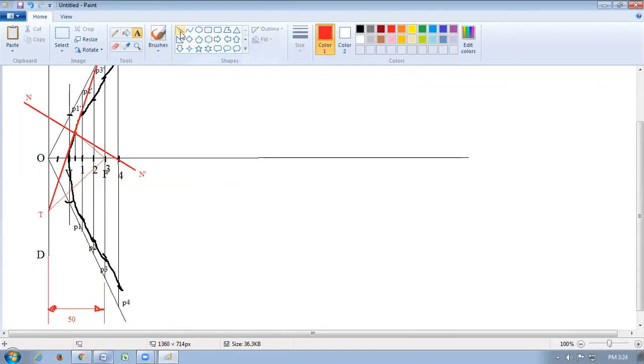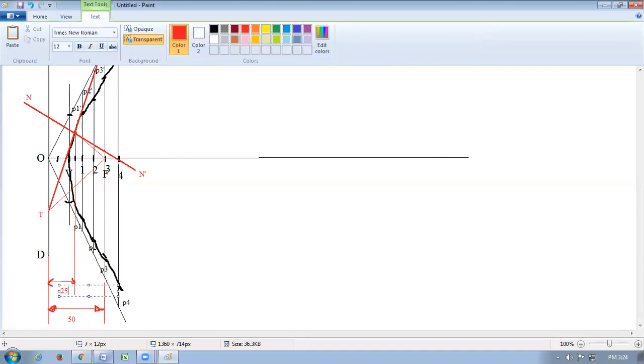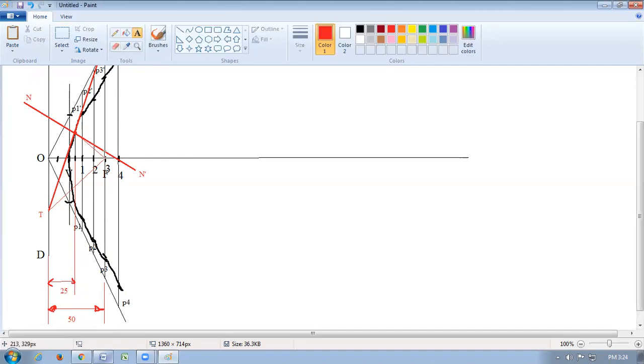And the normal and tangent point distance, 25 mm. And the vertex line, 20 mm.